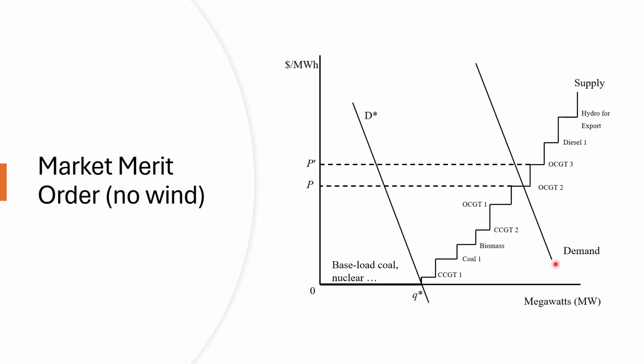And if demand is given by this line here, then the price would be P. If, however, we have the problem that this plant cannot operate at anything but full capacity, then OCGT 3 would come into play, in which case the price would go to P prime.